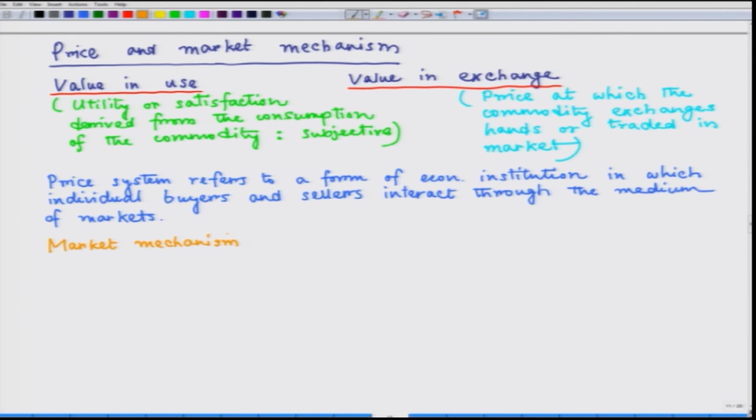So, market mechanism refers to the tendency in a free market for price to change until the market clears.